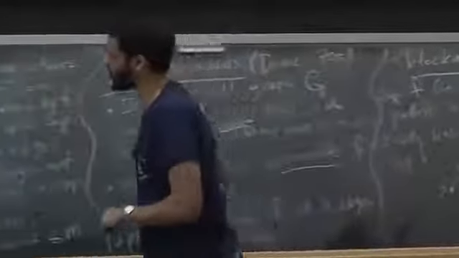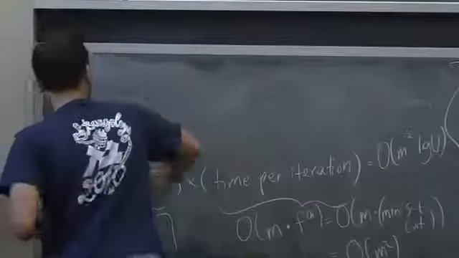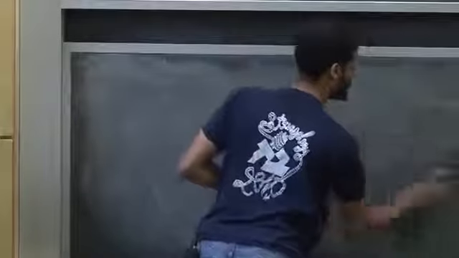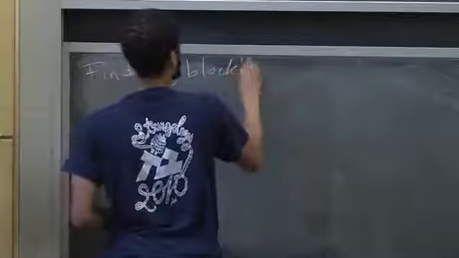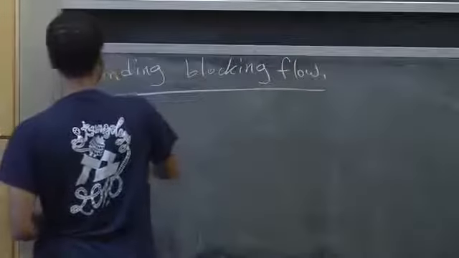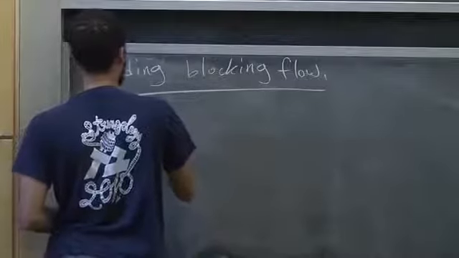So how do we find a blocking flow? Let's first look at some special case.